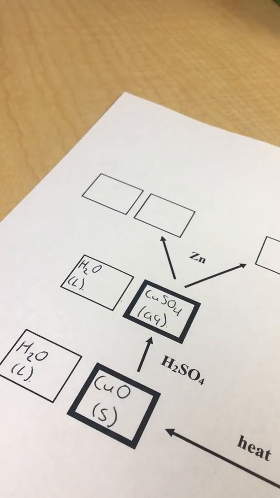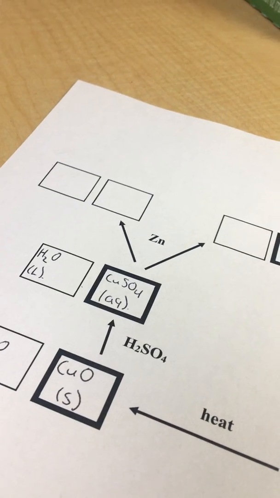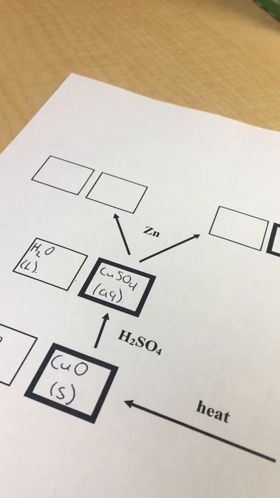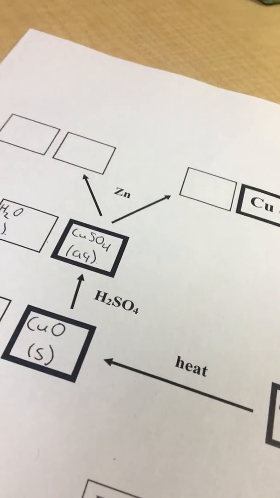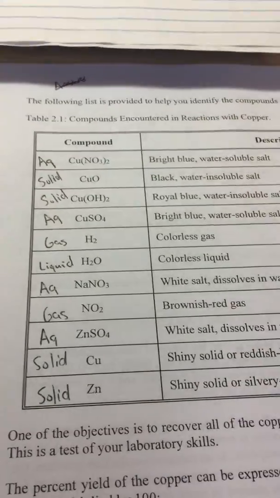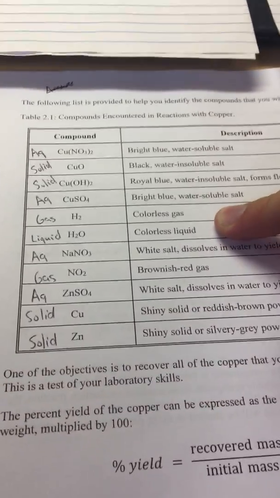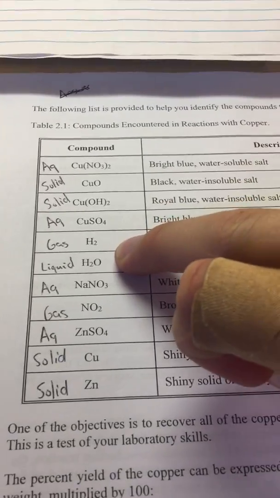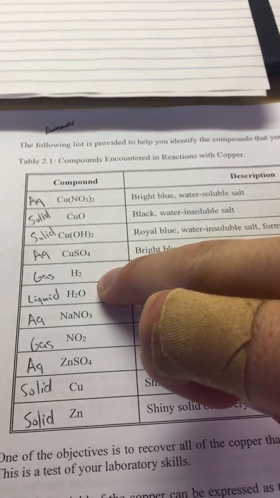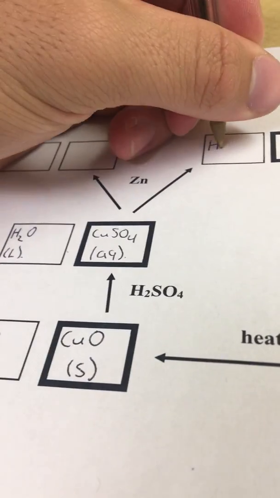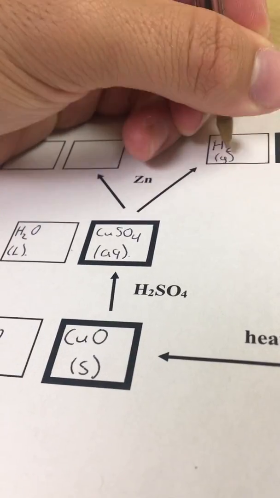The zinc added to the solution, causing the zinc to bubble when we added it, releasing a colorless gas. And if we look on page 8 of the lab manual, table 2.1, we would see that right here is a colorless gas. That would be H2. H2 would then go into this box right here. So H2 gas.